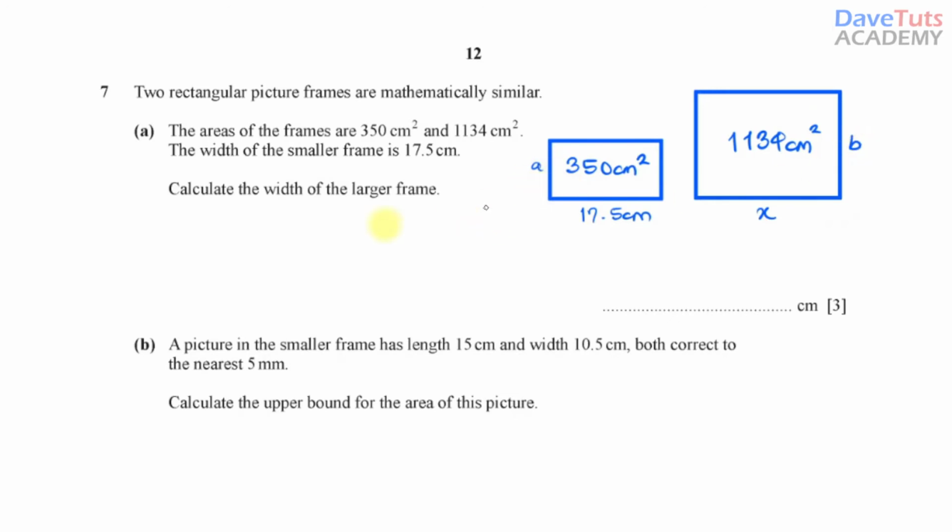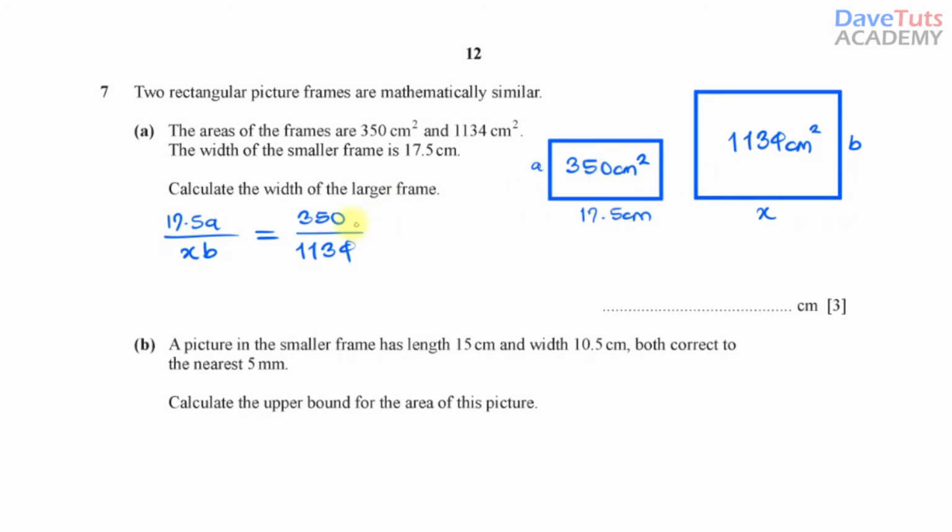The area for the smaller one will be 17.5 times A, and then the area of the larger one will be X multiplied by B, and the product of these two elements, the sides, will be, in the case of the smaller one, 350 centimeters square, and in the case of the larger one, 1134 centimeters square. We can do this because we are told that they are similar.